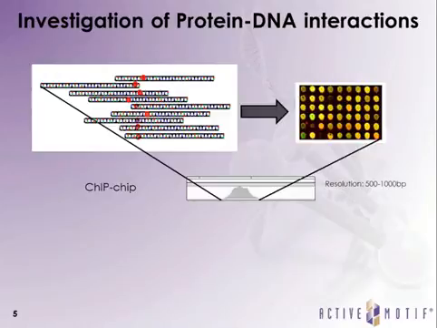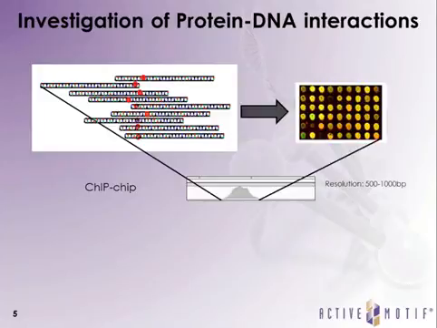When we first started looking at protein-DNA interactions, the first technology that we had to identify where a transcription factor interacted with DNA was really the ChIP-ChIP technology. Here you had a big fragmented library of DNA with your transcription factor of interest.